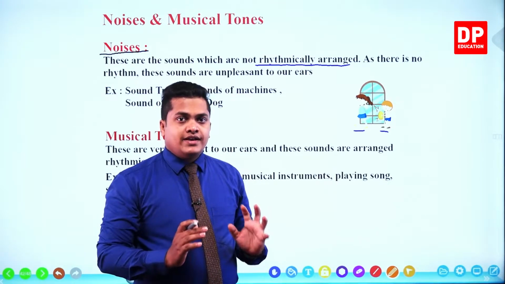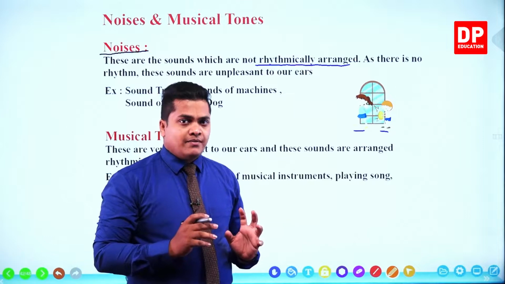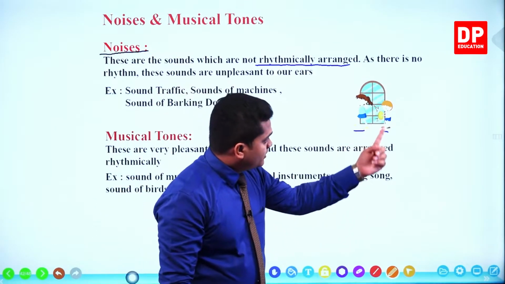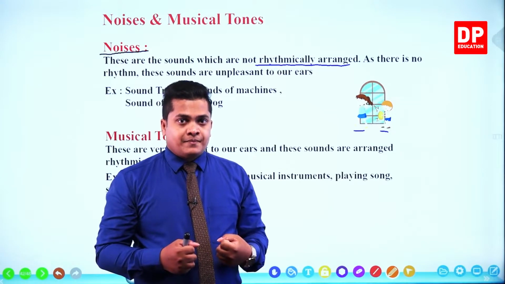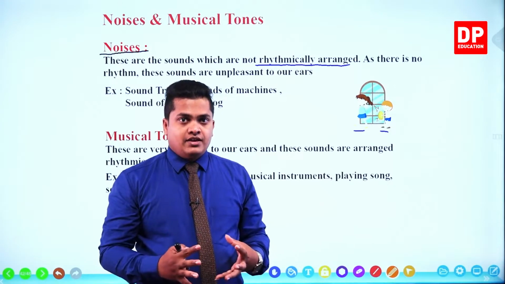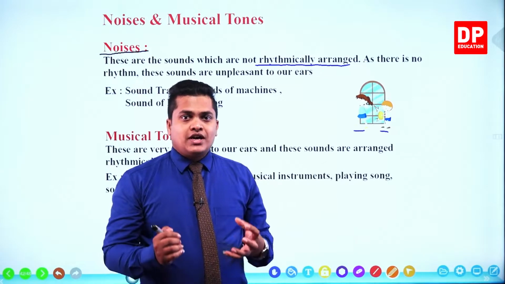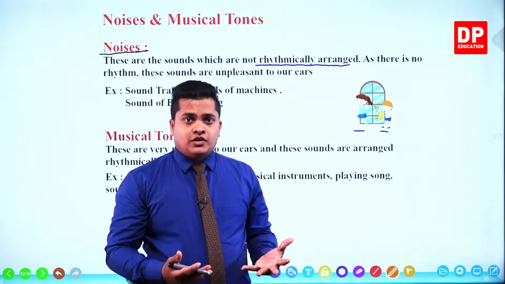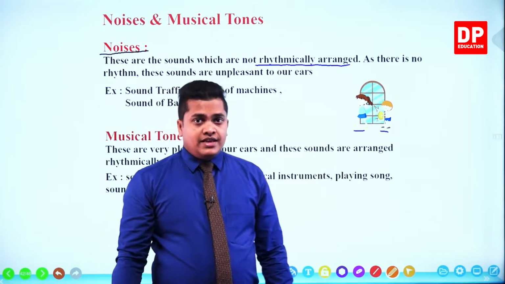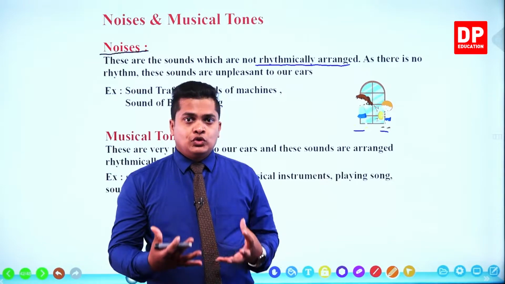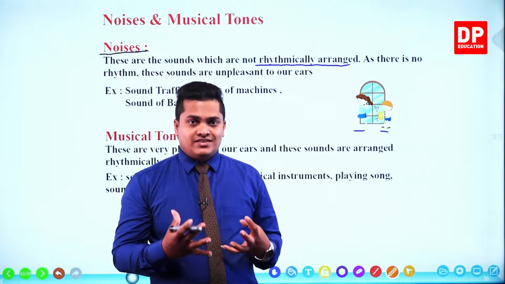It's because the sounds emitted by the musical instrument or these two plates are somewhat heavy, and the other thing is that they are not rhythmically arranged. So the sister won't be able to listen to those sounds as they are very heavy.